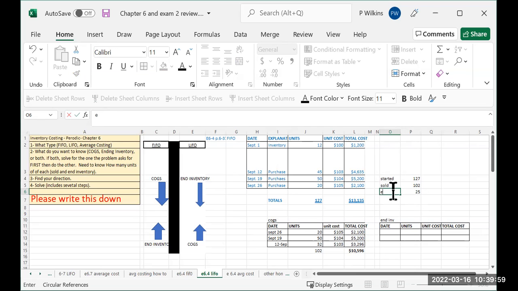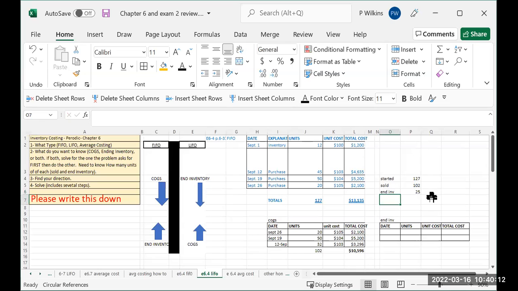I started with 127 snowboards, I sold 102, and I have 25 snowboards left. Now I want to know how much those 25 snowboards cost. So I'm going from the top down until I get to 25.